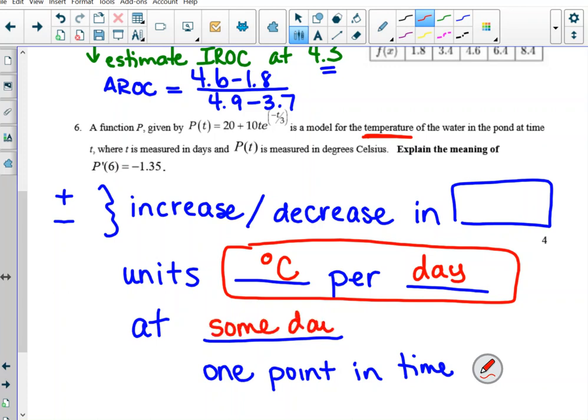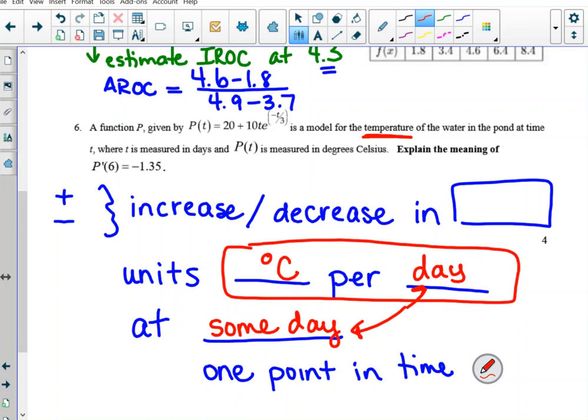And that piece is going to help you figure this piece. So the specifics of this problem, this is kind of like a generic, right? This is a good template for talking about a derivative. What is the derivative measuring? It's measuring either an increase or decrease in something with these units at this point in time.